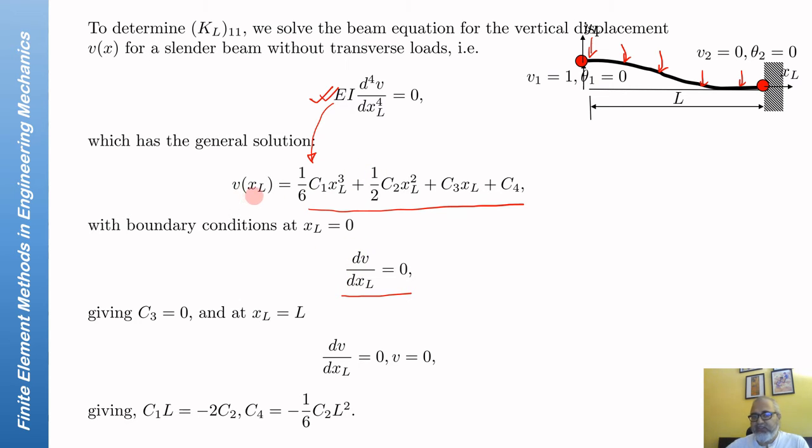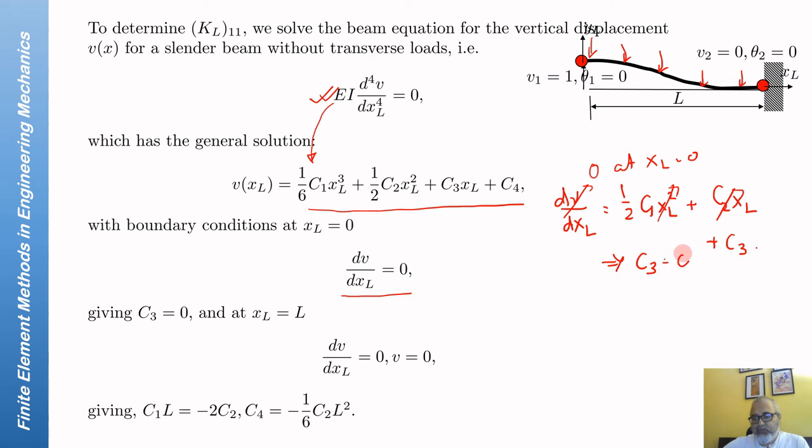Remember, theta is the derivative of this. So if you take dV/dxL, you will get half C1 xL square plus C2 xL plus C3. At xL equal to 0, these are 0, and this implies C3 is equal to 0.